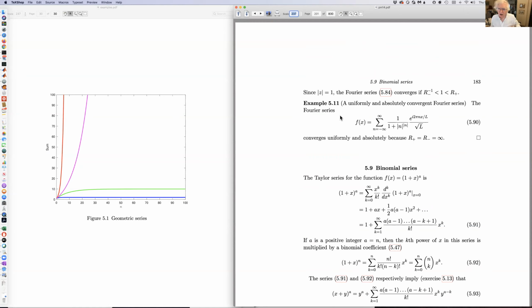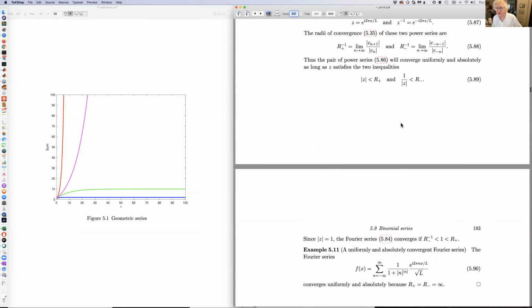Okay, all right, well, this is just an example of a uniformly and absolutely convergent Fourier series. The way I got it to be super convergent is I just had these coefficients, 1 over 1 plus the absolute value of n to the nth power. So these coefficients go to 0 incredibly rapidly.